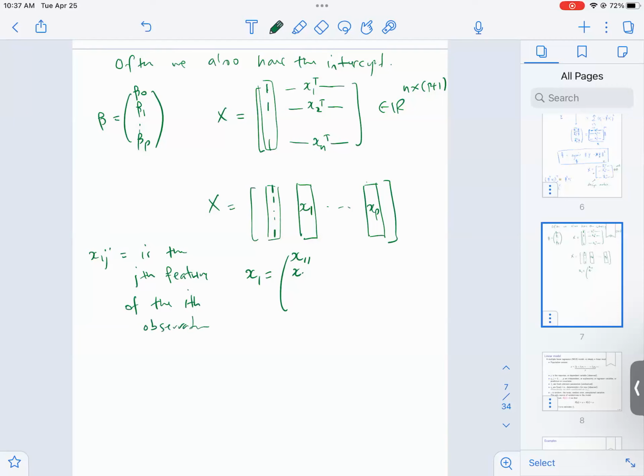This is the notation that I'm going to be consistent about. It's a little bit tricky. So xj is going to be x1j, x2j, up to xnj. It's the jth feature, but I'm collecting it for everyone. x1j is the jth feature of the first observation, x2j is the jth feature of the second observation, and so on. I'm going to call this xj, the vector.